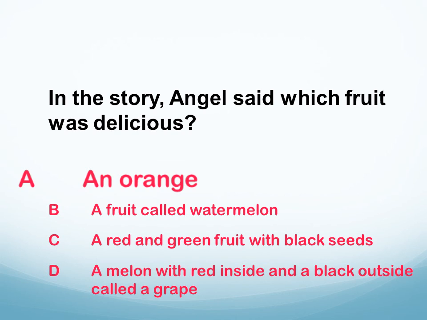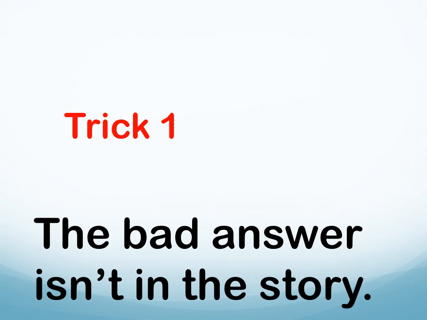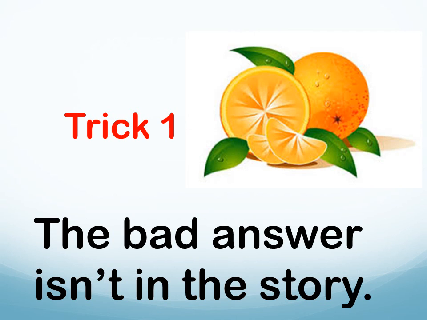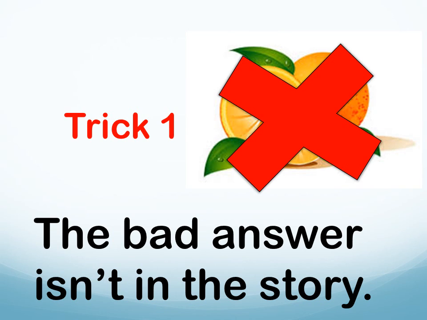Now remember, those 3 tricks are not the only 3 tricks we're looking for, but those are the most common, and so we'll start with those. A, an orange. This is a classic case of trick number 1. The bad answer is not in the story. The story is about how much Angel likes watermelon. It doesn't talk about oranges, so we've disproved that answer.